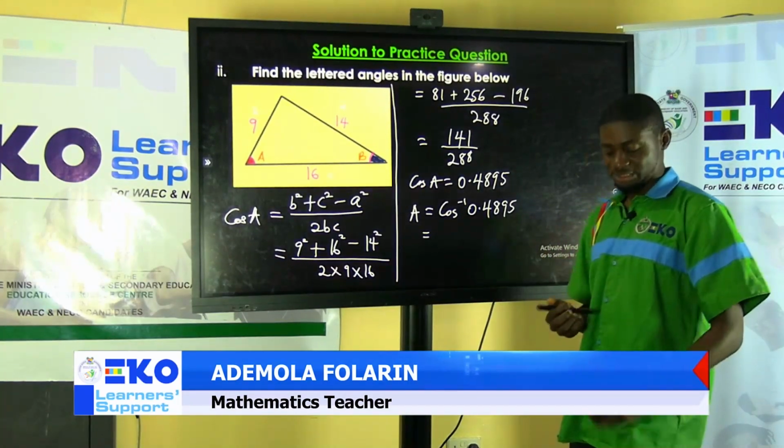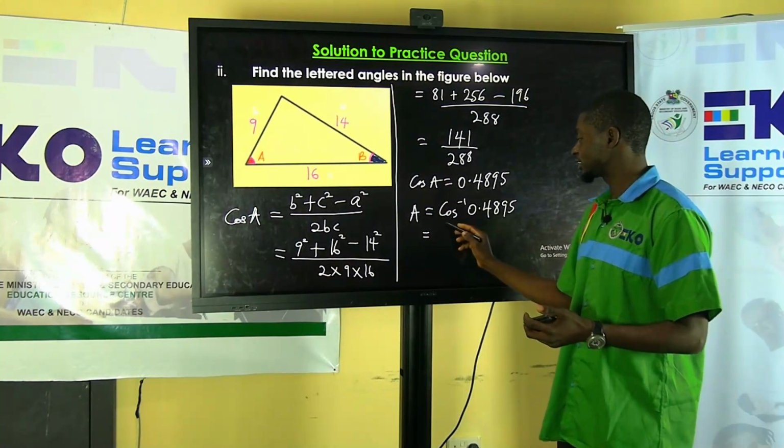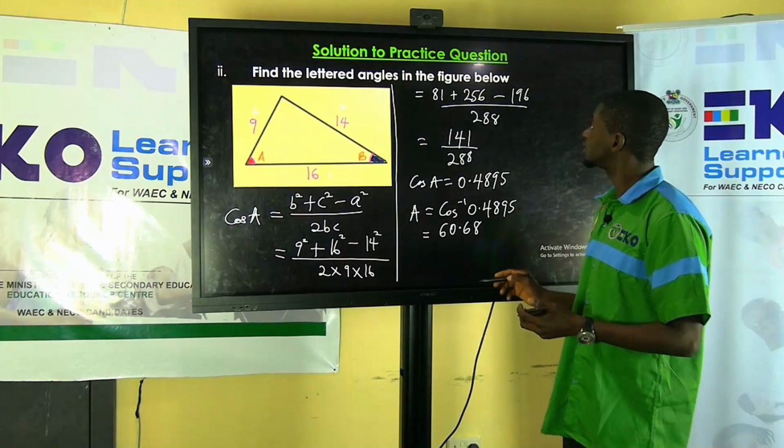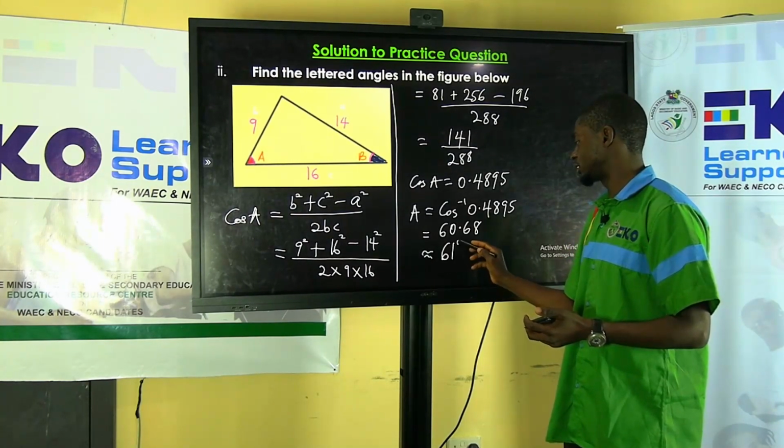So if you do this, there is nothing to be afraid of. You get 60.68, right? Which we can approximate to 61 degrees.